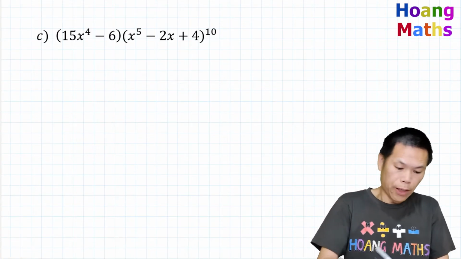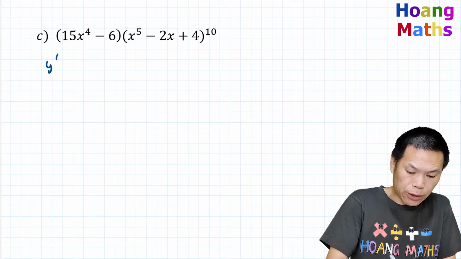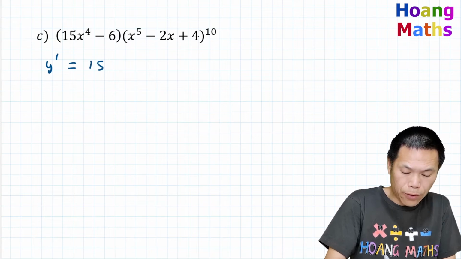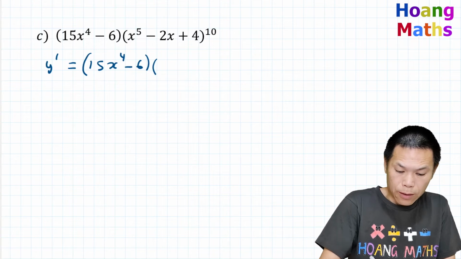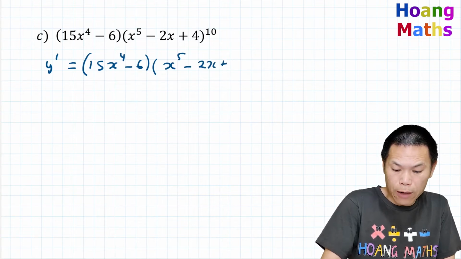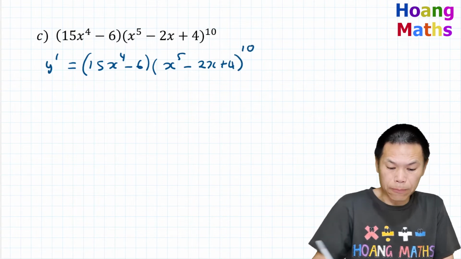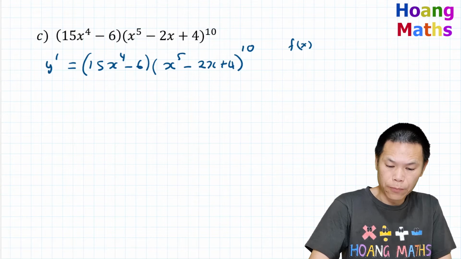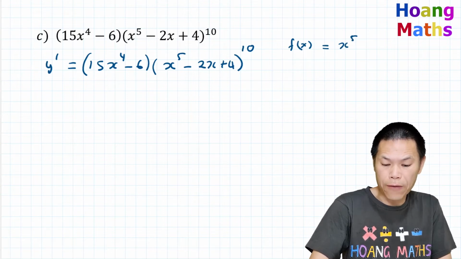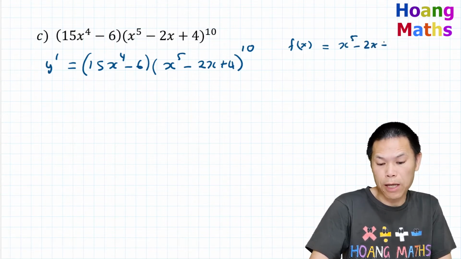Part C, again, y' is equal to 15x^4 minus 6, and (x^5 - 2x + 4)^10. So let me just write this down. f(x) is equal to x^5 minus 2x plus 4.